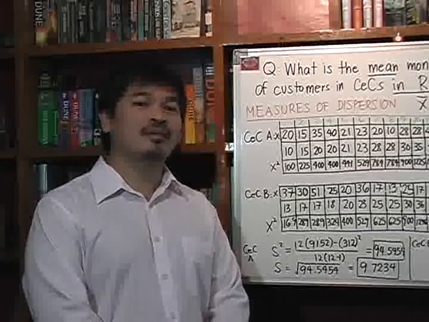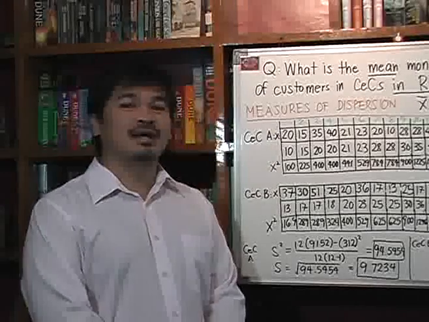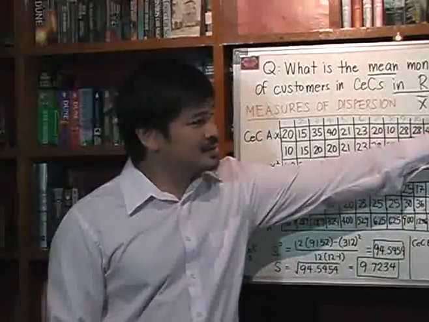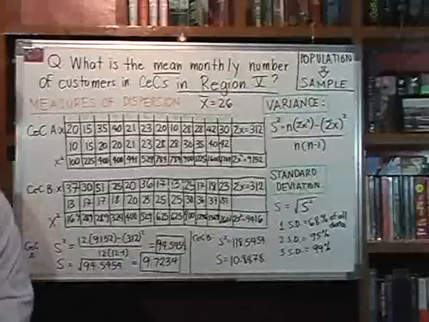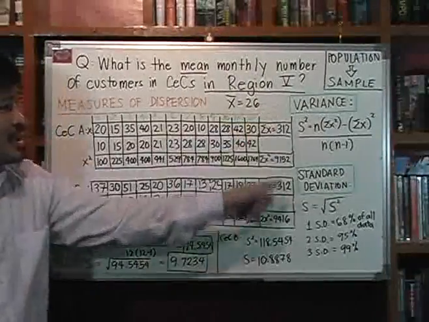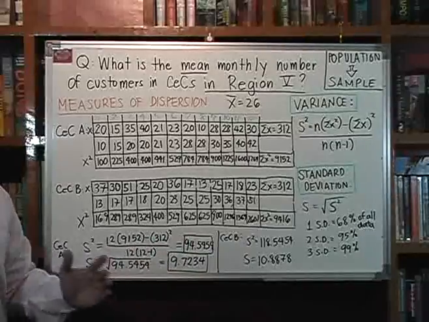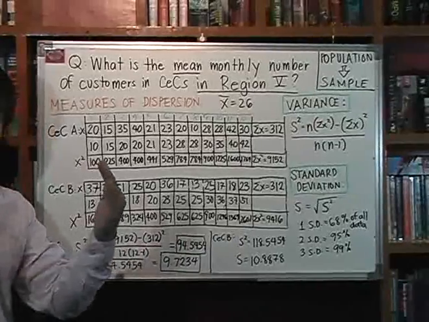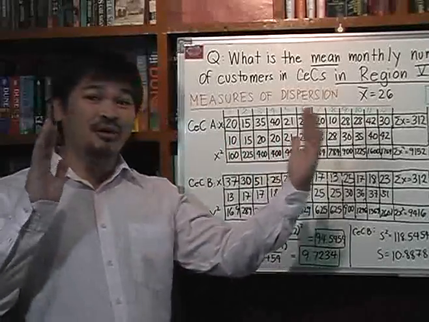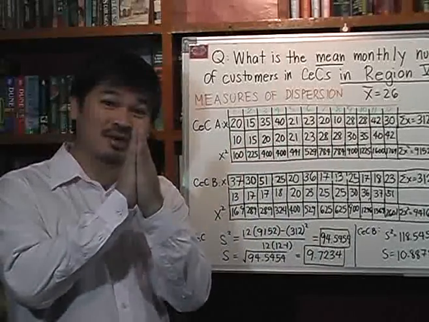Now, two very important formulas in dispersion are your variance and your standard deviation. As I've mentioned, these two measures illustrate the level of spread, or the distance of all the data from the center point, which is your mean.